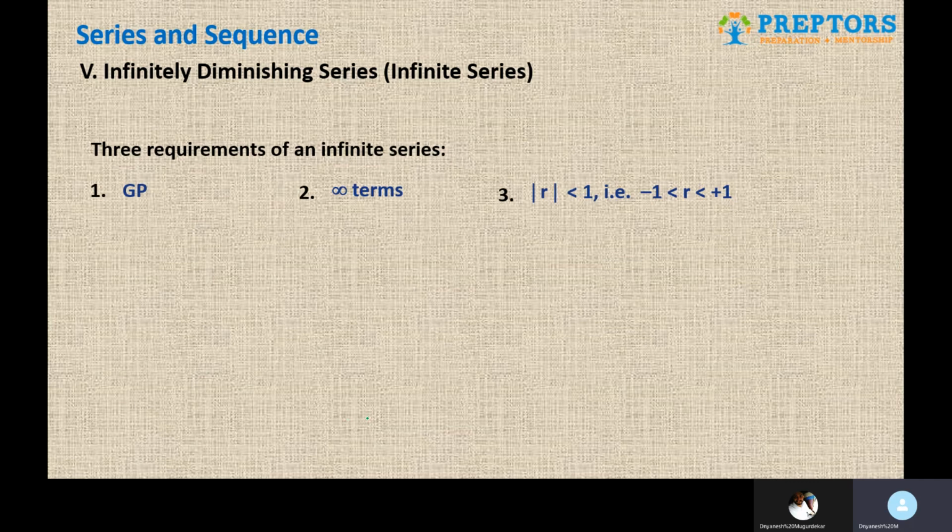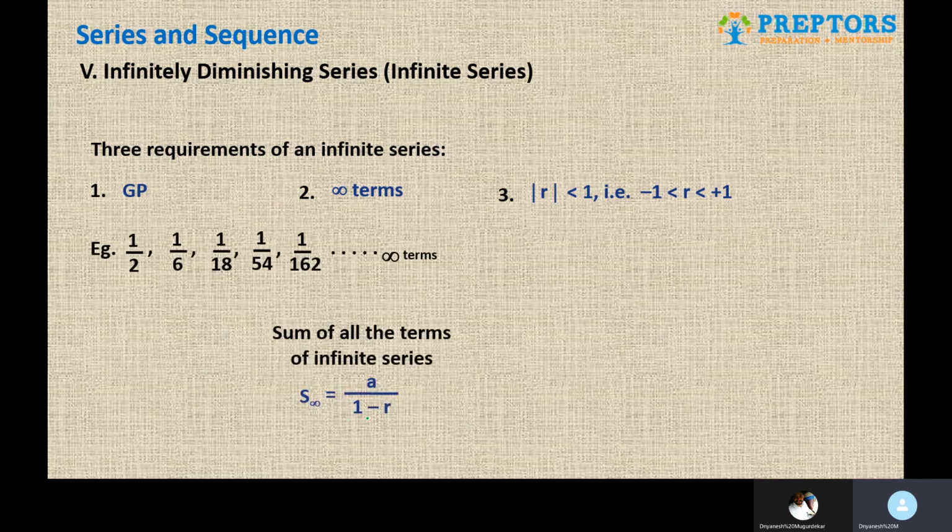And because it is GP, all we need to know is the formula for Sn of GP. If people know, Sn is a into (1 minus r raised to n) upon (1 minus r). The formula I am going to give is similar to that, and I'll tell you how you get this particular formula from it.